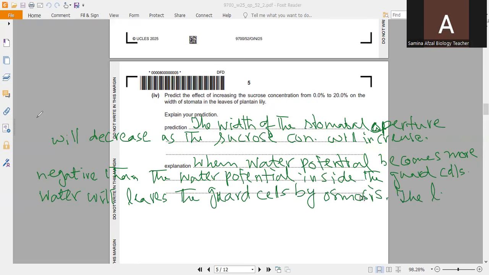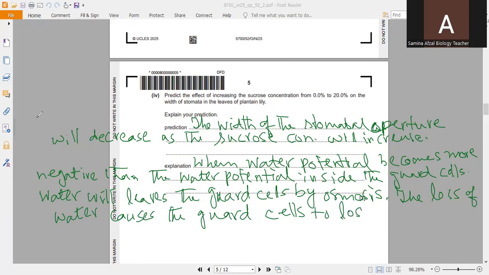The loss of water causes the guard cells to lose turgor pressure and become flaccid.